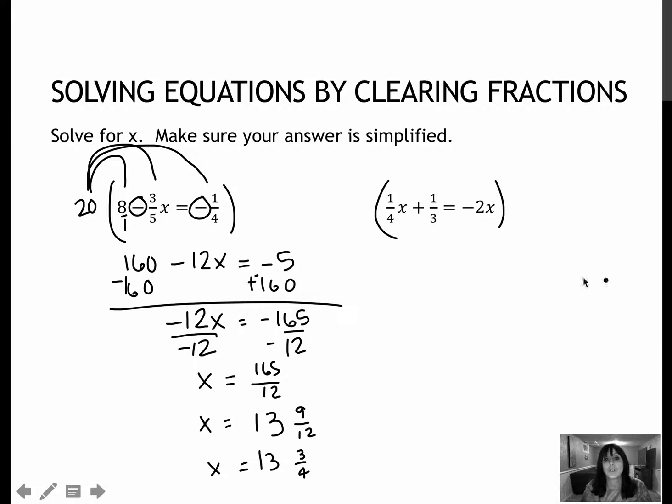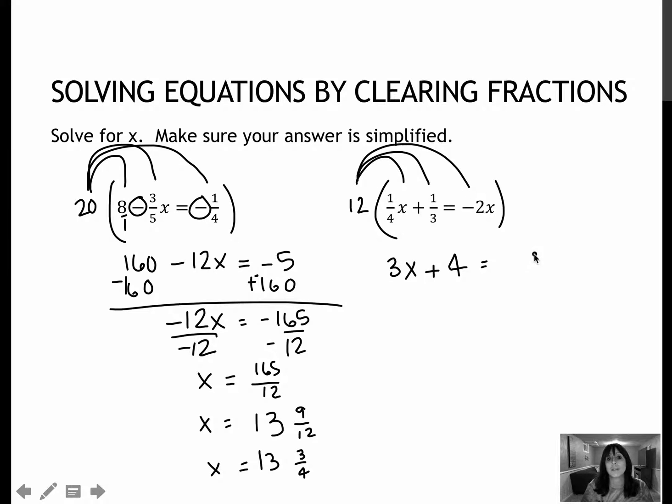For my next question, I'm going to take everything times the least common denominator, which of course would be 12, because 4 and 3 would both go into 12. So 12 times 1/4, 12 times 1 is 12, divided by 4 is 3. 12 times 1 is 12, divided by 3 is 4.